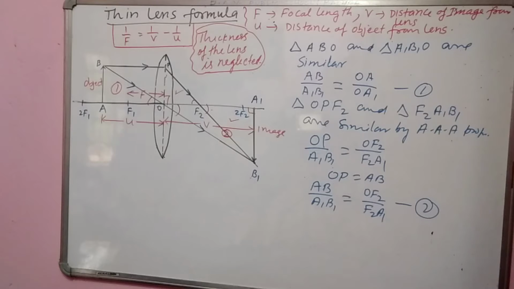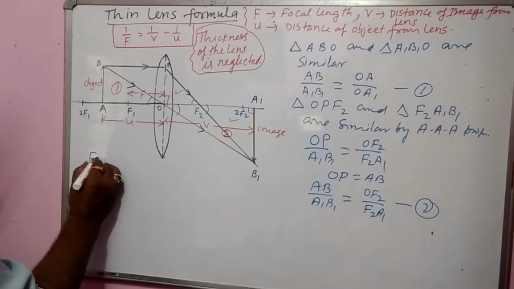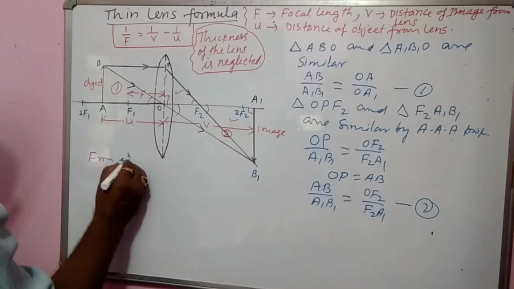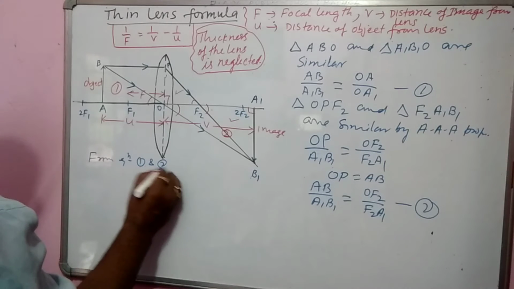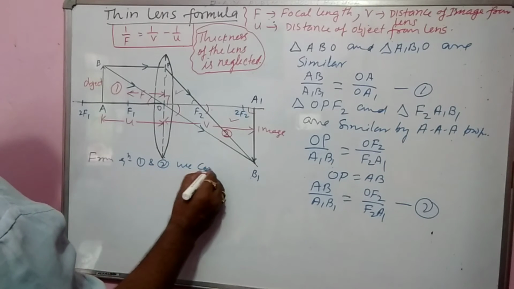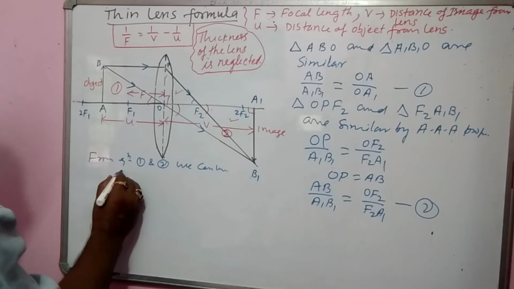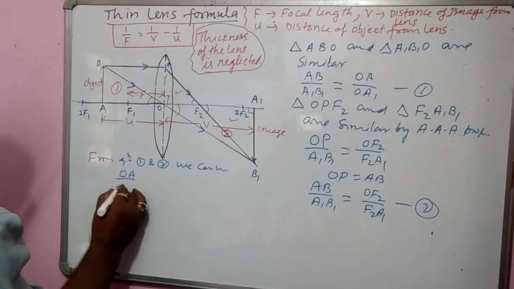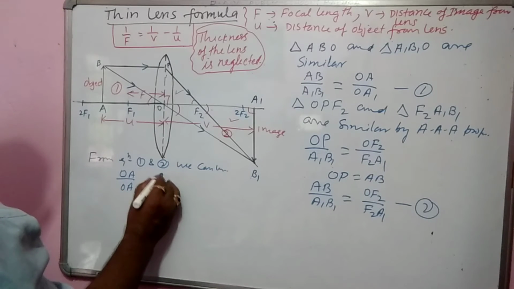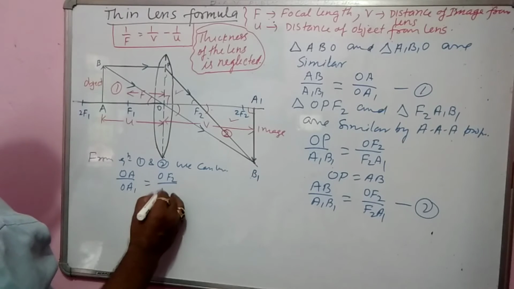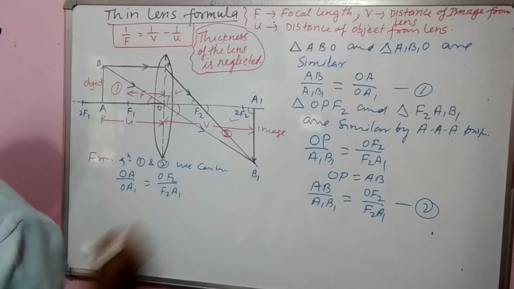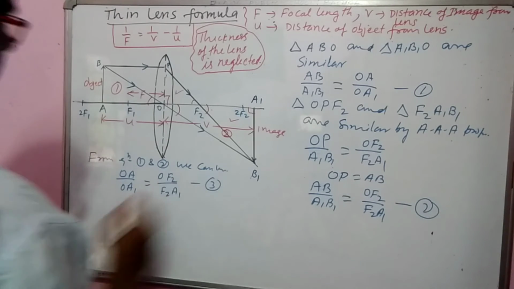Now from equations 1 and 2 we can write that OA by OA1 is equal to OF2 by F2A1. This is equation number 3.